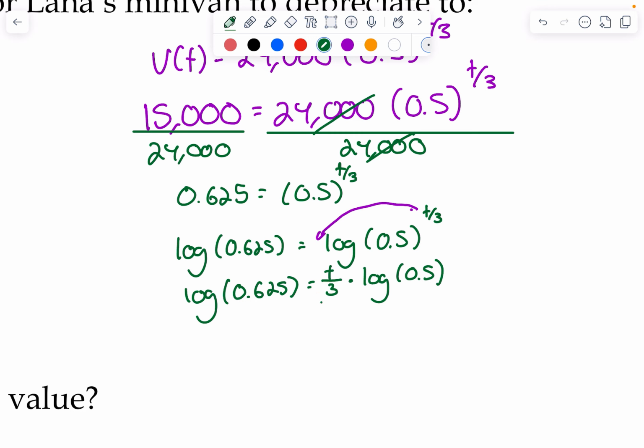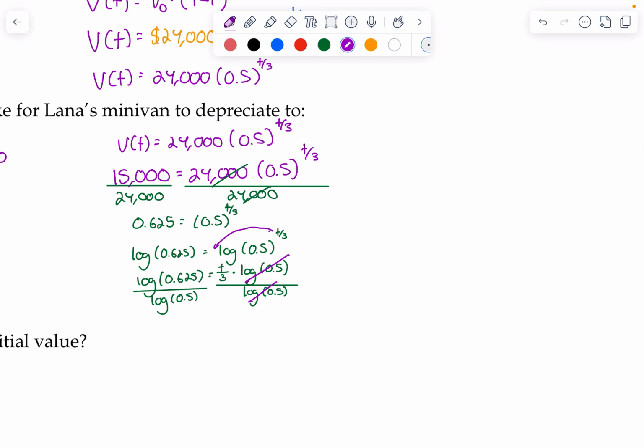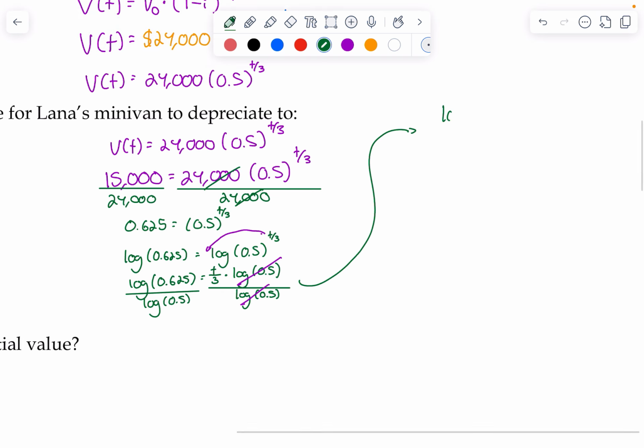So now we need to isolate for t, so I'm going to get rid of log 0.5, and make sure you divide it on this side as well, log 0.5. So this and this cancel. On the left side, I have log 0.625 divided by log 0.5, and that is equal to t over 3.